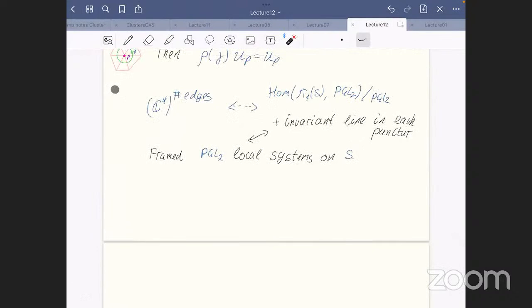The word local system should resemble the following. I don't know, again, some picture. So we have our surface. Let me now draw it, as it has some handles and some punctures.